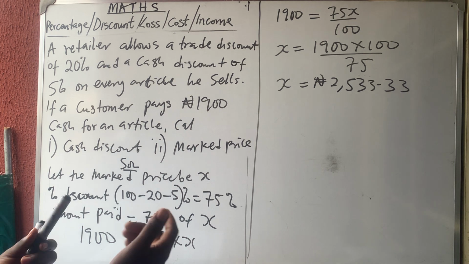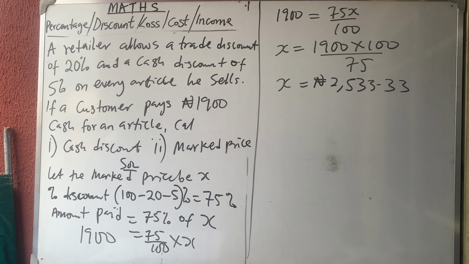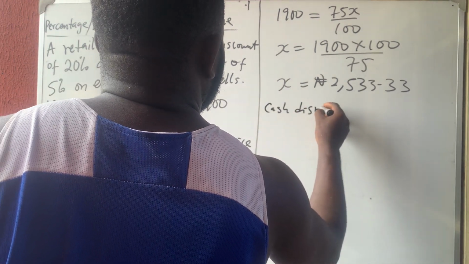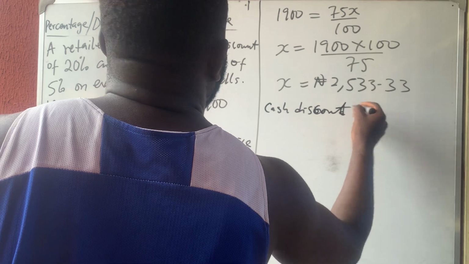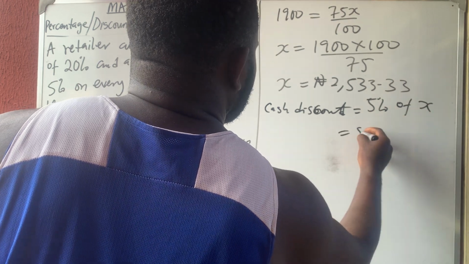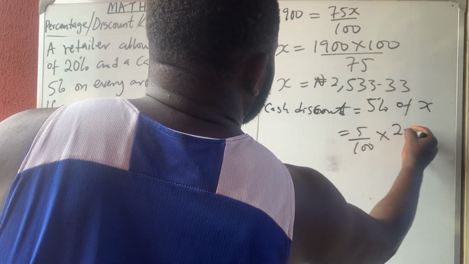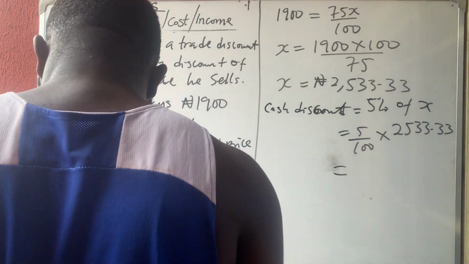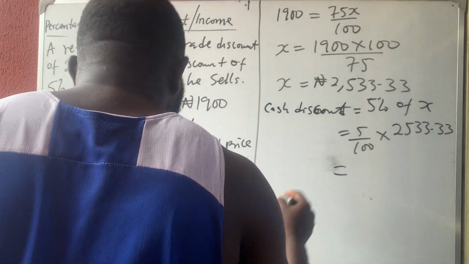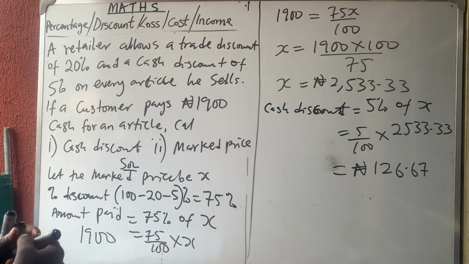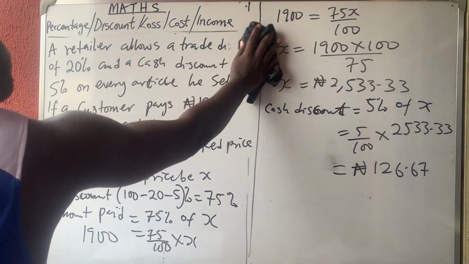The cash discount is 5% of the normal money, that is 5 over 100 times x, which is 2,533.33. So if you do the math, you are going to get 126.67 naira. Right? So that is that. Very simple.